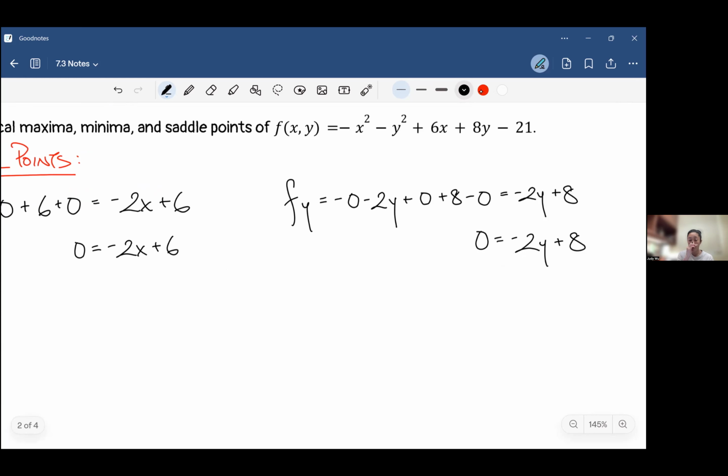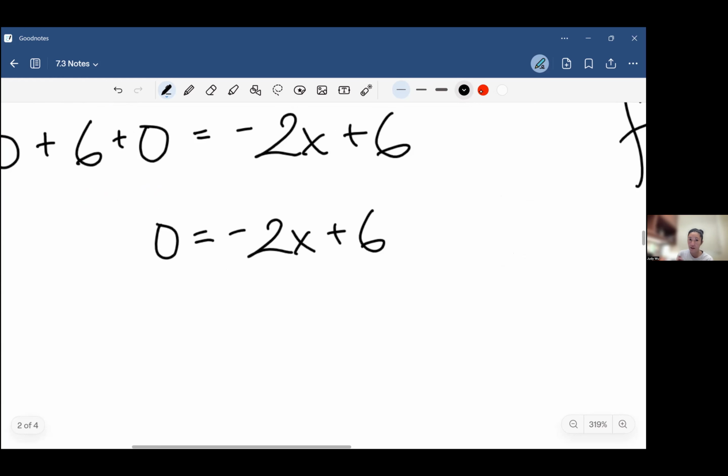Now, I wanted to start with this example because I think it's one of our more straightforward examples. If I look at the equation 0 equals negative 2x plus 6, I can use my algebra skills to solve for x. That's half the battle, because we want to find the x values and then the y values.